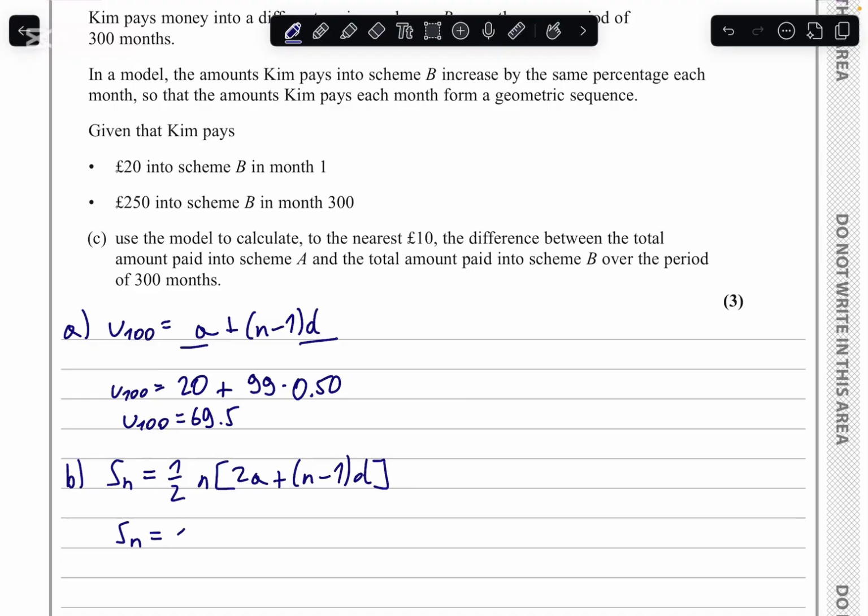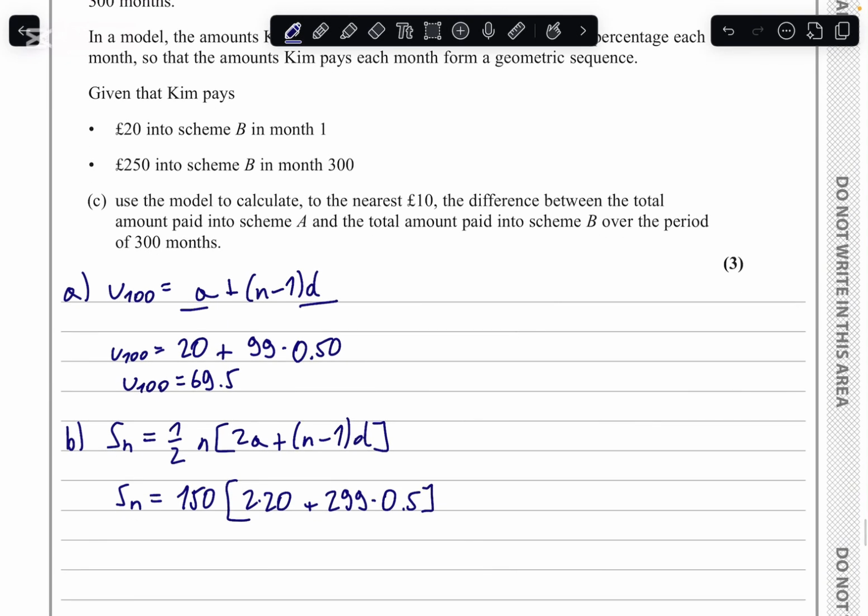That will be 150 times 2 times A, which is 2 times 20, plus 299 times 0.5. Finding that on the calculator, we get 28,425.